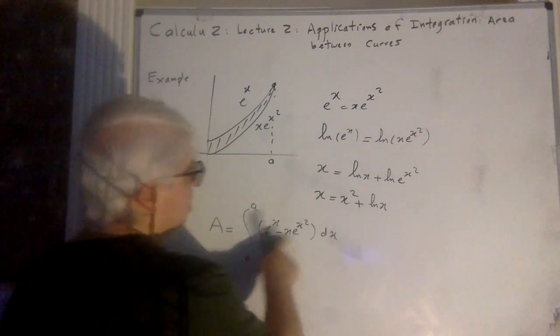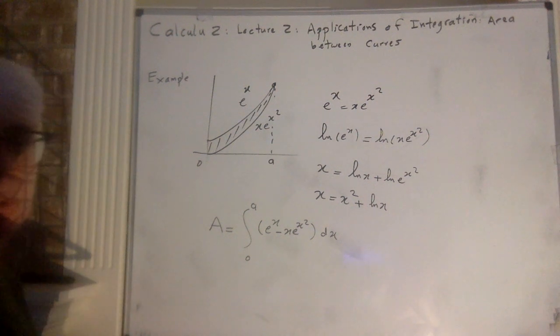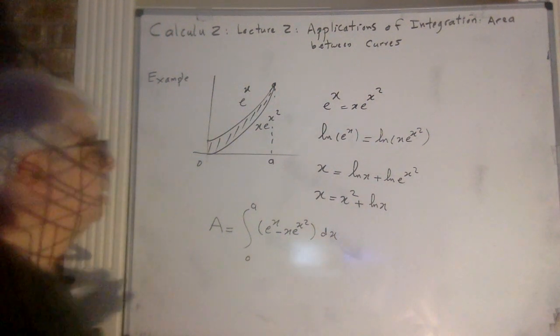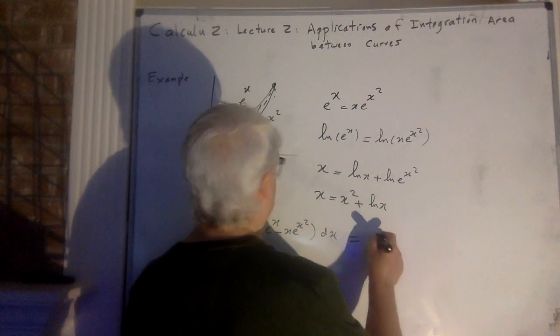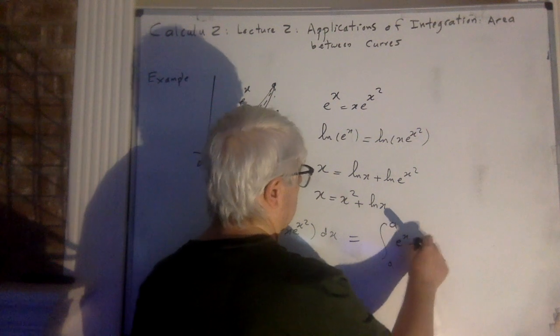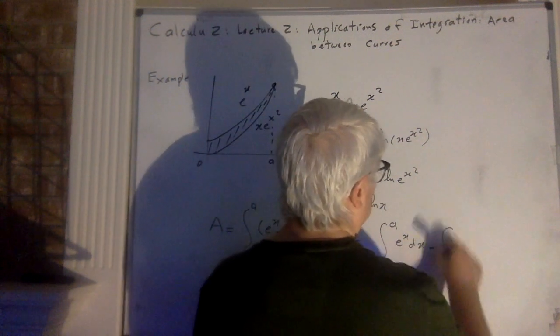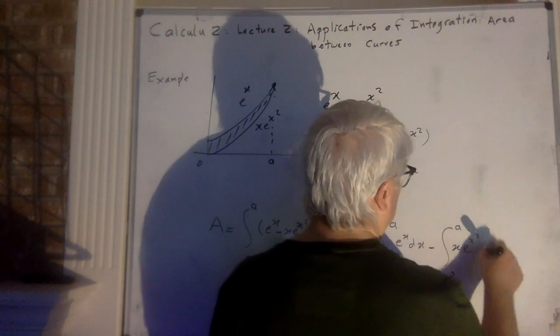Now it's interesting that you can solve both of them. I mean, the integral of e to power x you know, but the integral of x e to power x squared is also something you know how to find. So let me write the integral from 0 to A of e^x dx minus the integral from 0 to A of x e to power x squared dx.